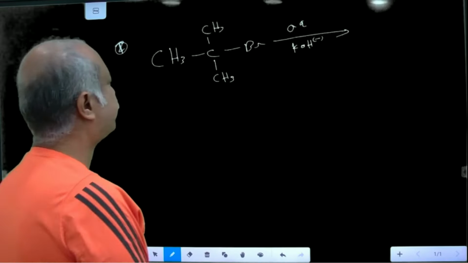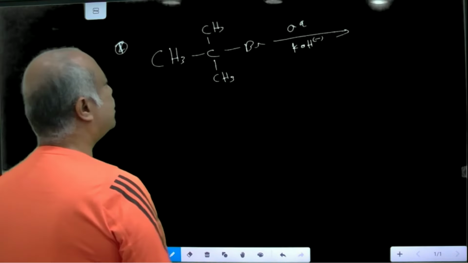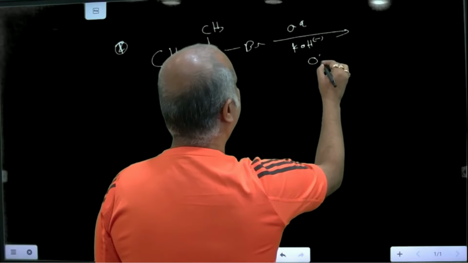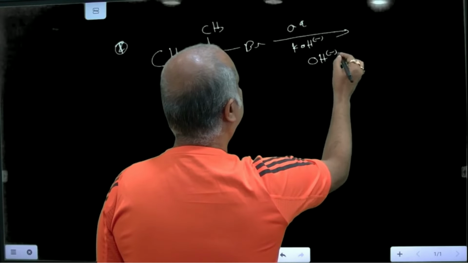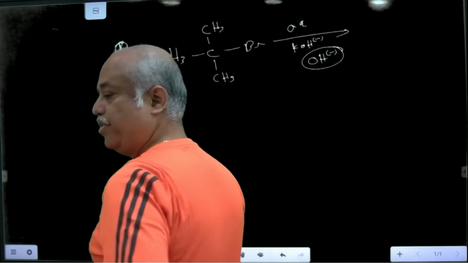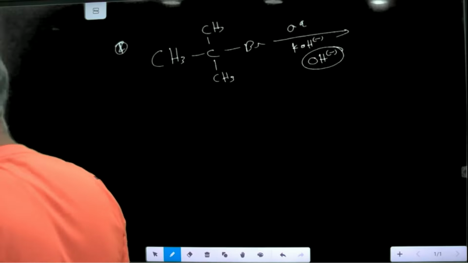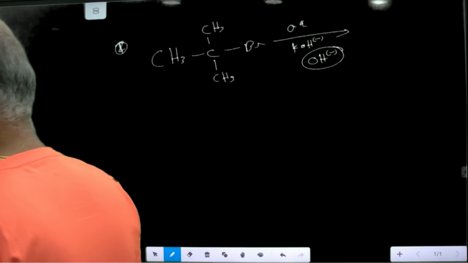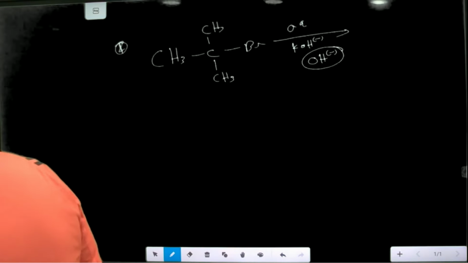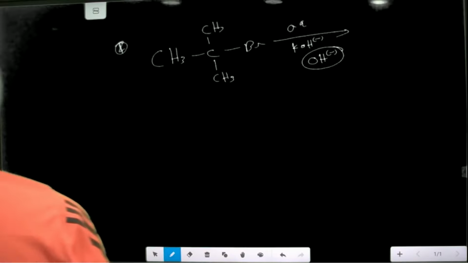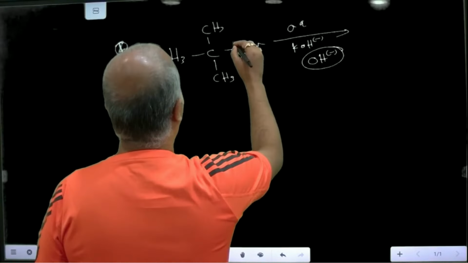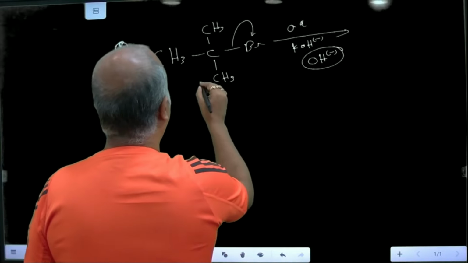First, this is OH minus, the nucleophile. First step, here is the leaving group.